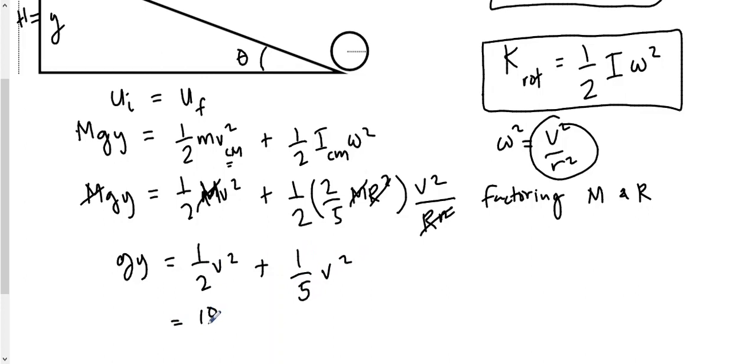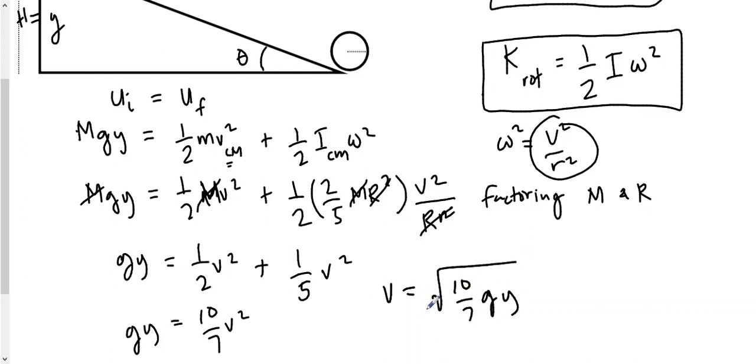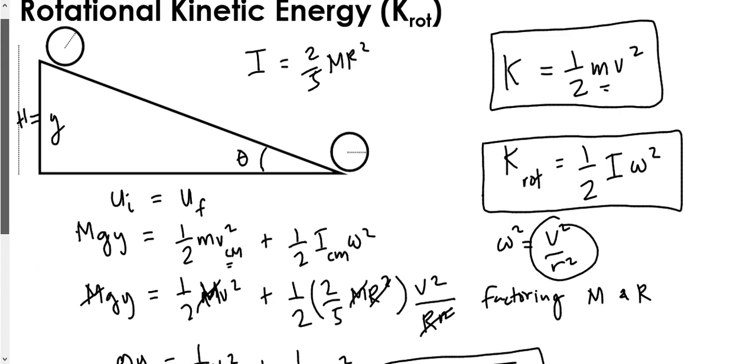So we have 10 over 7 gy equals velocity squared. Solving for v, we have the square root of 10 over 7 gy. So that is how we find the velocity of the marble.